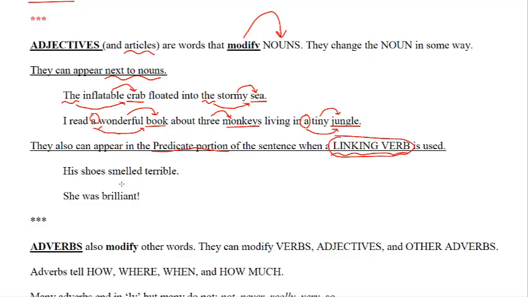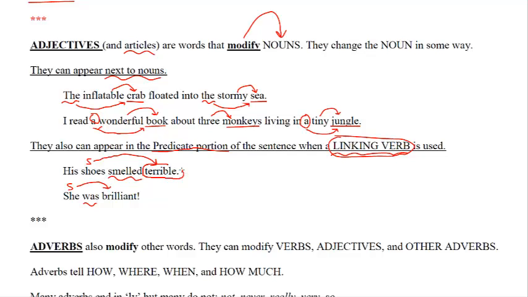In these 2 examples, I have 2 linking verbs, smelled and was. And what those linking verbs do is they link the subject to a noun or an adjective that appears at the end of the sentence. In these sentences, it is linking the subject to an adjective.